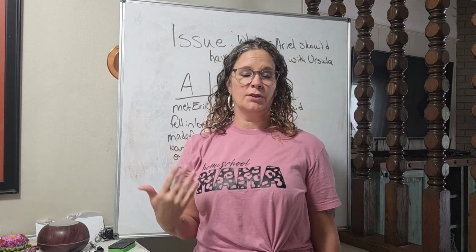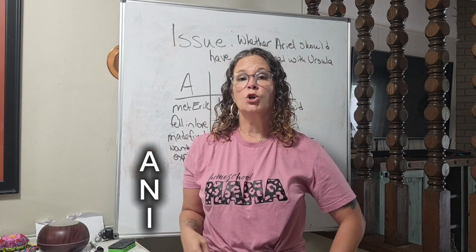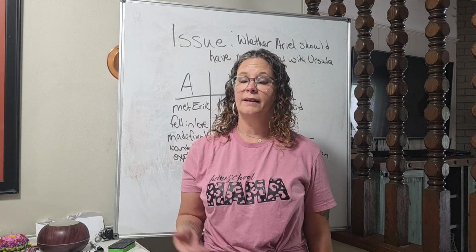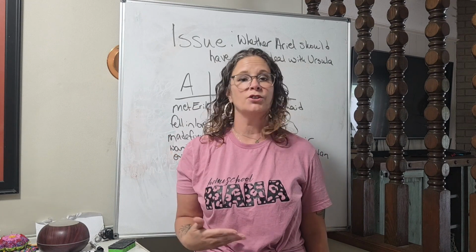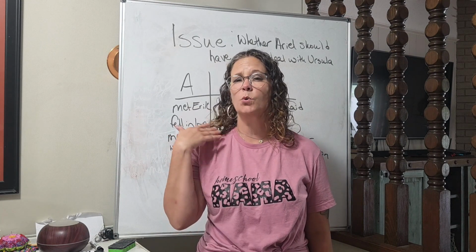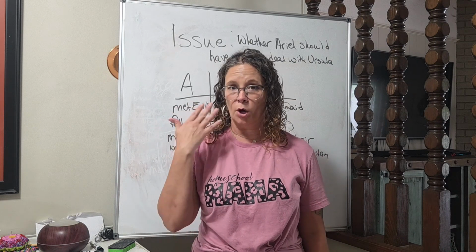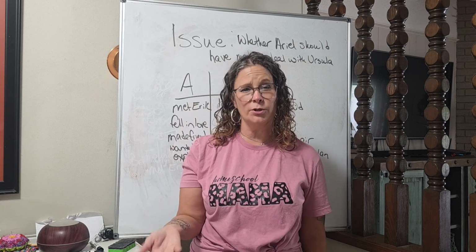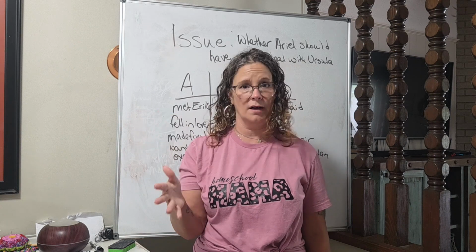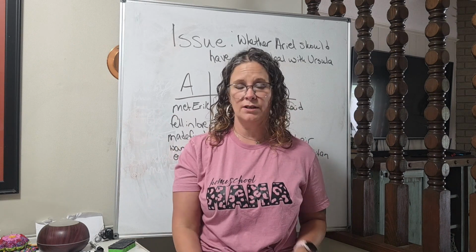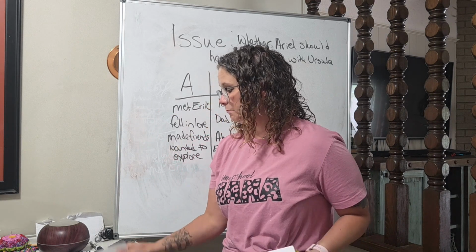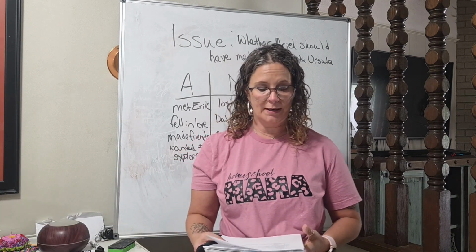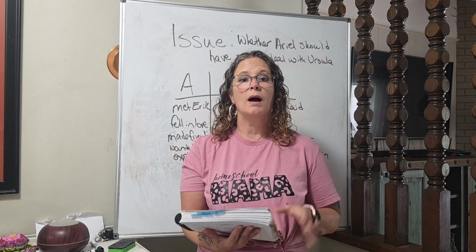That's where we get the term Annie from. So you're going to hear that word a lot, and it will be a useful tool not just for this writing program but for the future thought process of the student. It's similar to a pros and cons chart, but it goes into more depth. So I'm going to move on.